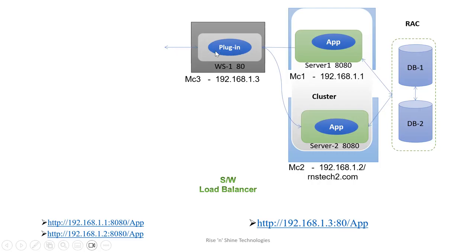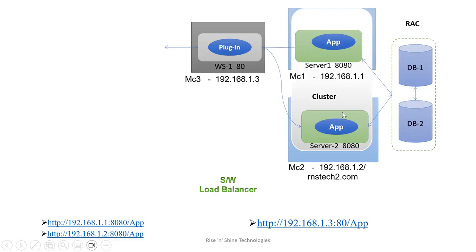The web server receives the request, and it checks whether this app server is reachable or not, its availability, and what load each app server has. On the basis of the load, it uses algorithms internally, such as round robin, to route to one of the app servers.